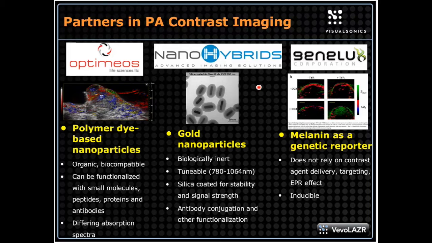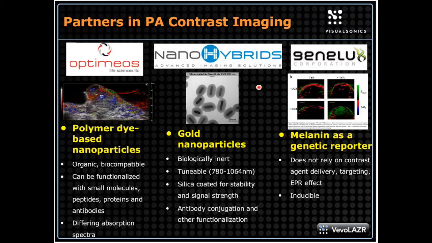Nanohybrids is a company based out of Austin, Texas, who makes these gold nanoparticles, specifically silica-coated gold nanoparticles, that give an extremely high signal in photoacoustics, but they, again, can also be used with other modalities such as MRI. And these, again, can be functionalized for doing that kind of molecular imaging.